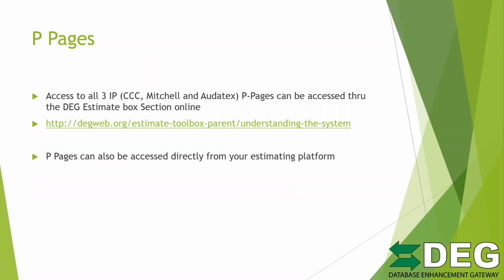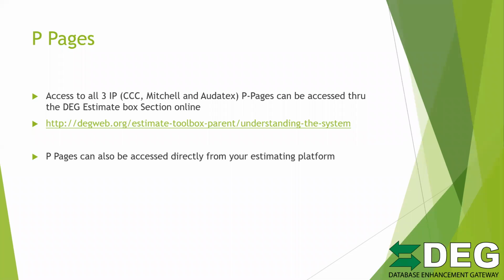All three estimating systems have P pages. P pages can be considered the procedure pages, the Guide to Estimating, the GTE, the Collision Estimating Guide, the CEG, or, as AutoText likes to call their P pages, the DBRM, which is a Database Reference Repair Manual. All three estimating systems have their own specific logic and their own set of determining included and not included operations.